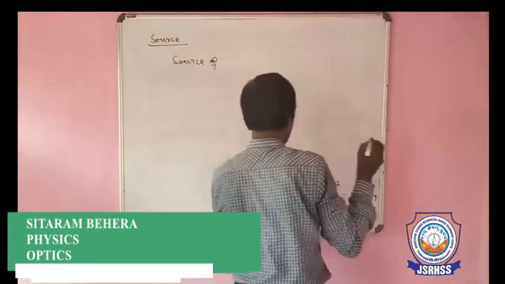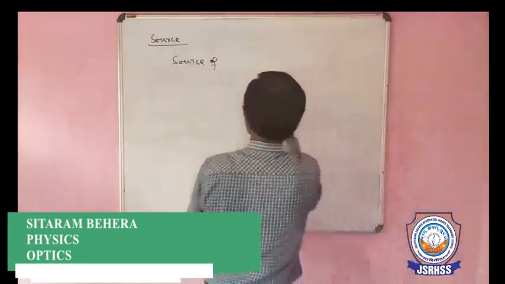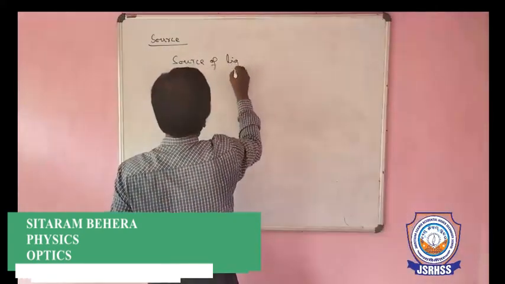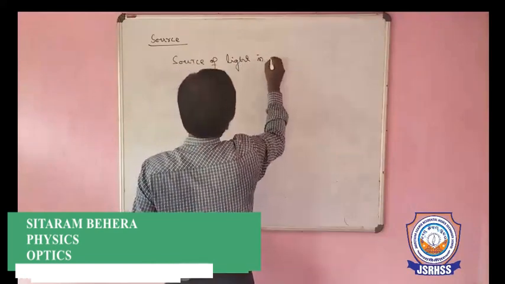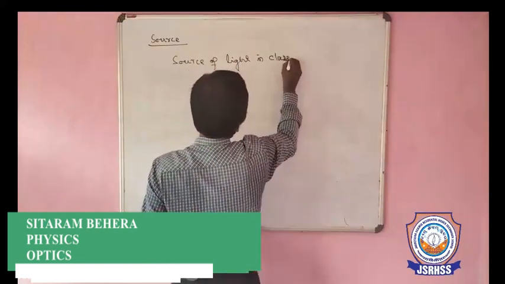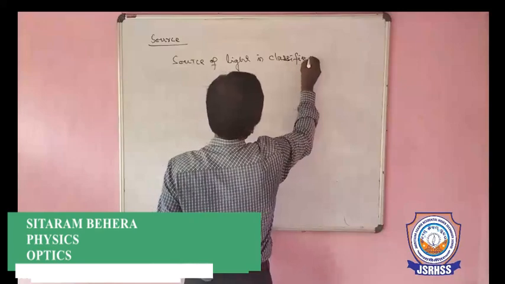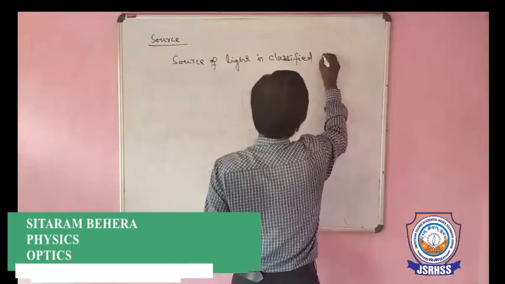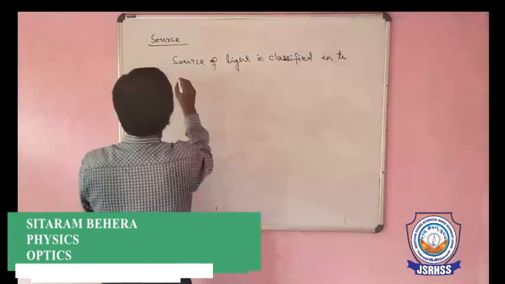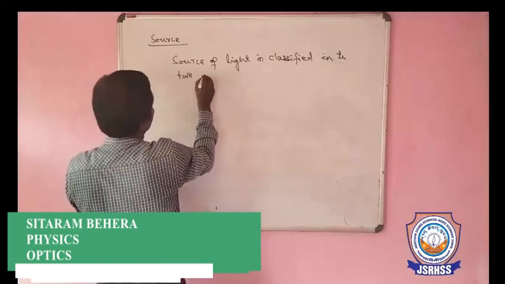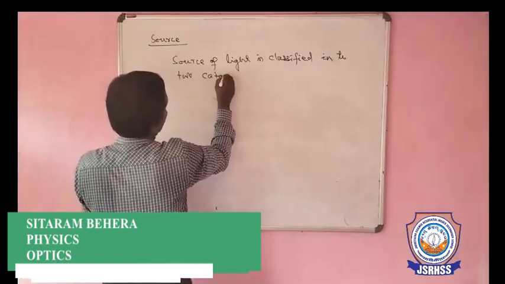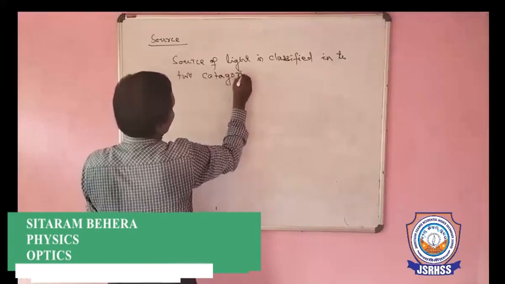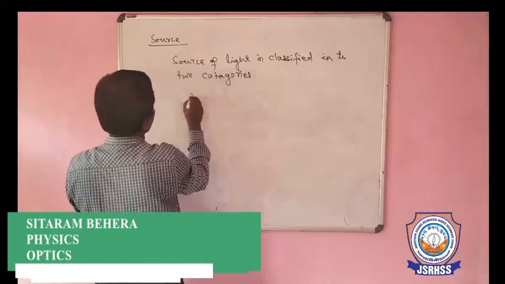Source of light is classified into two categories.